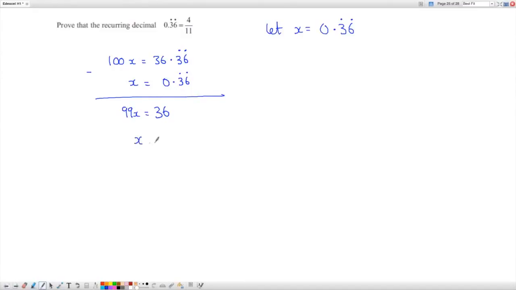To find the value of x, we're going to divide 36 by 99. So we have x, dividing through by 9, equal to 4 over 11. We made x equal to 0.36 recurring, so this proves that the recurring decimal is equal to 4 over 11.